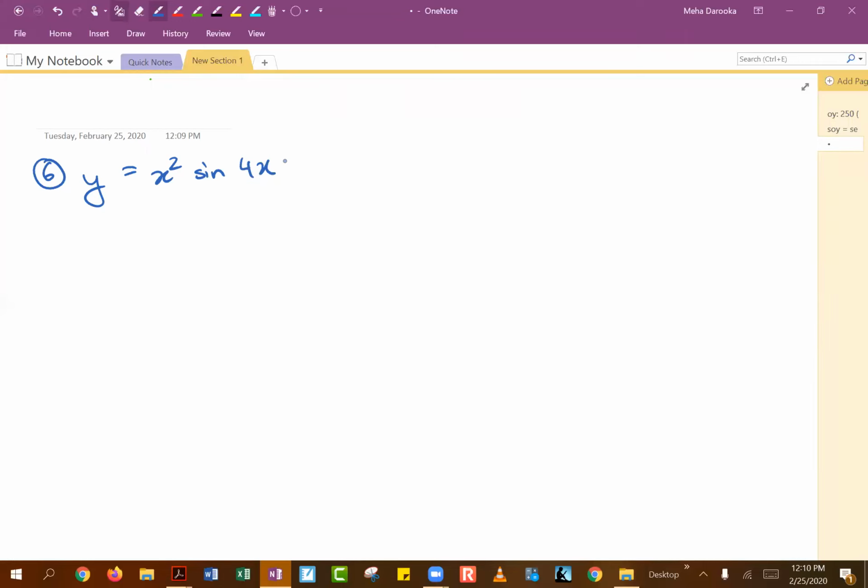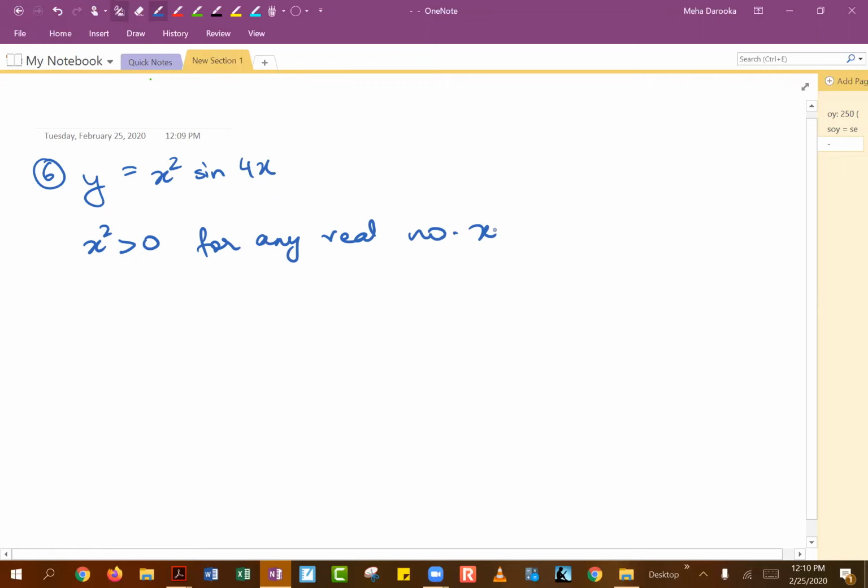One of the things we have to keep in mind is that x squared, being a square value, is always going to be a positive value, because no matter what you put in for x, x squared is always going to come out being positive. So x squared is always going to be greater than or equal to 0 for any real number x.